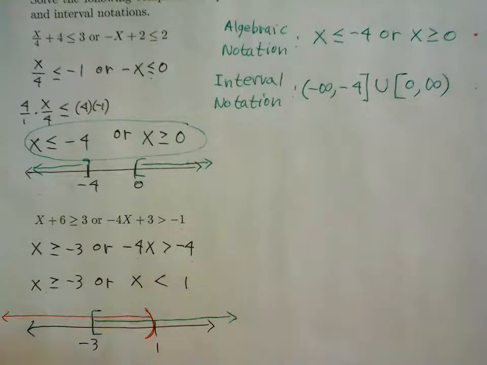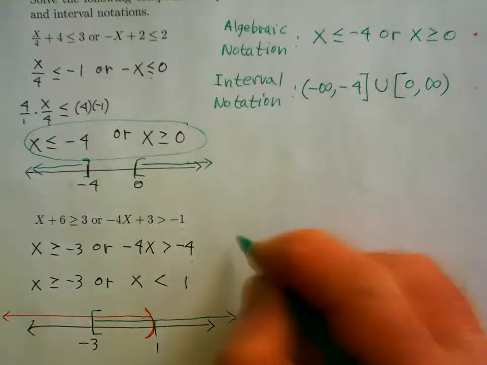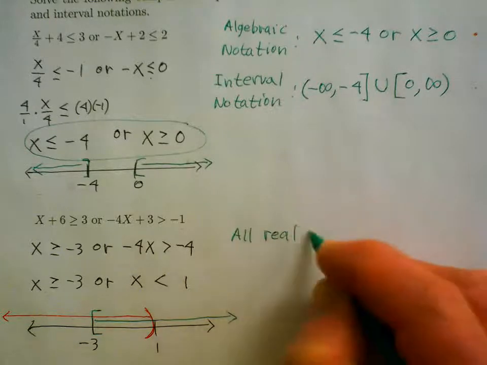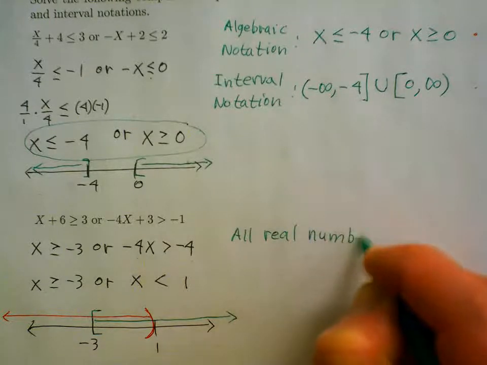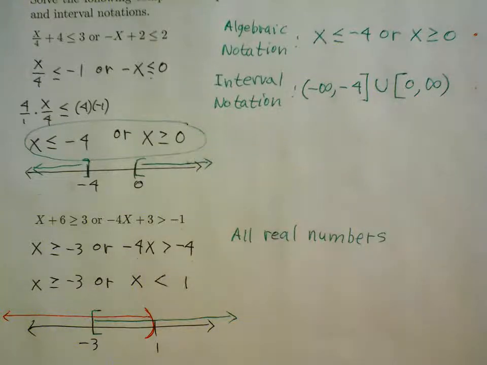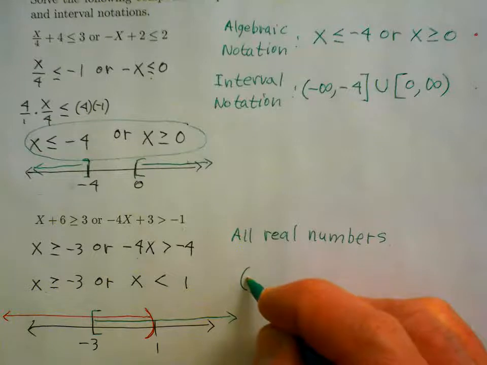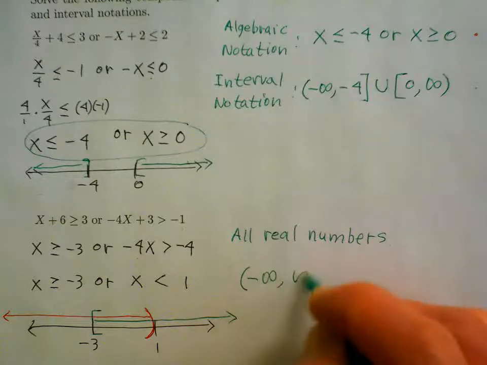All real numbers are accounted for. Okay, so all real numbers are solutions. The interval notation for all real numbers: parenthesis, negative infinity, comma, infinity, parenthesis.